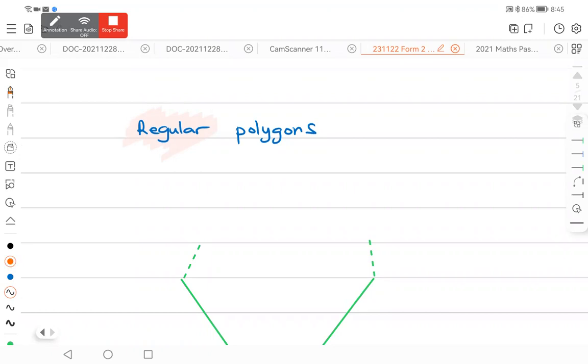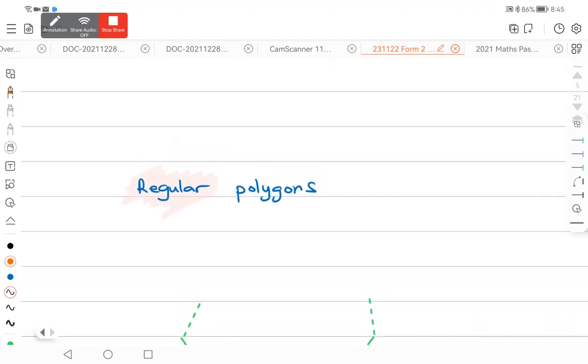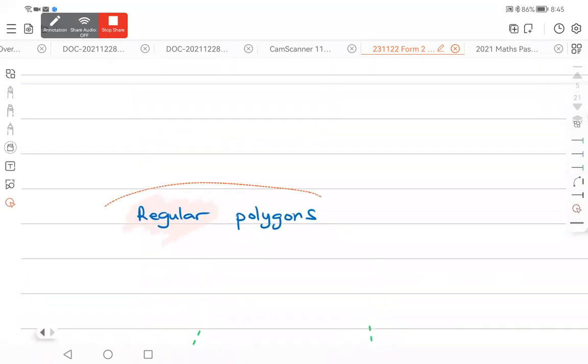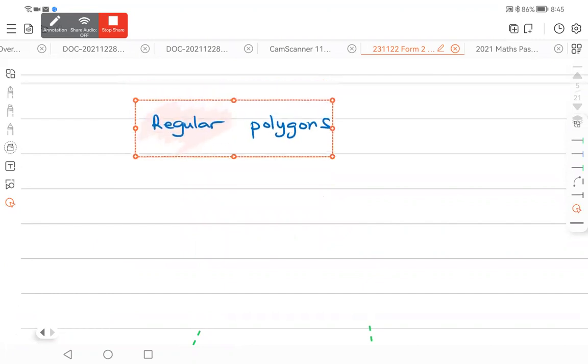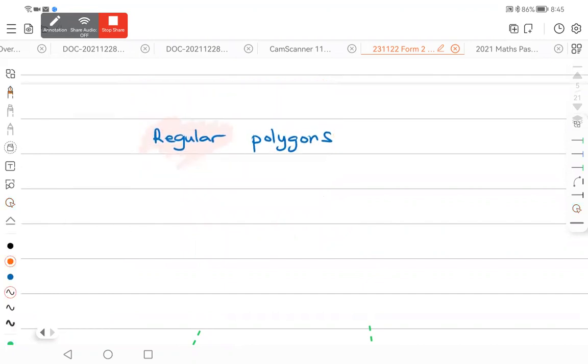Equal angles, and the lines still have the same size. Equal length. Same size. What else do you know about a regular polygon? Same angles. Anything else?